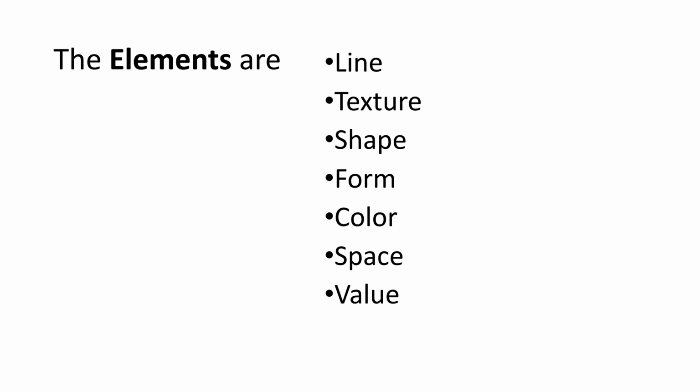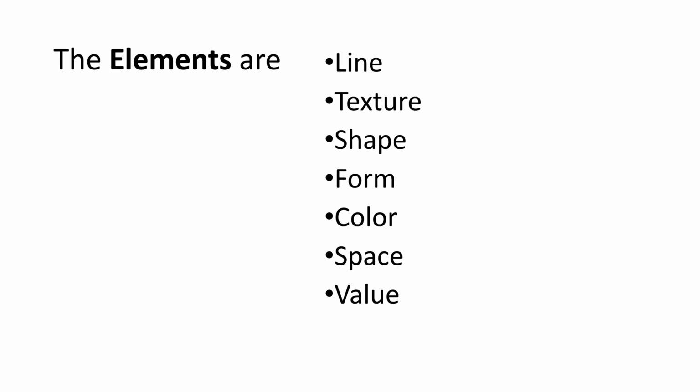And it should, because you're bringing to your artwork your perspective and your style. So art can be answered in many different ways, and I want you to keep that in mind as you're creating your artwork. So these are the elements: line, texture, shape, form, color, space, and value.